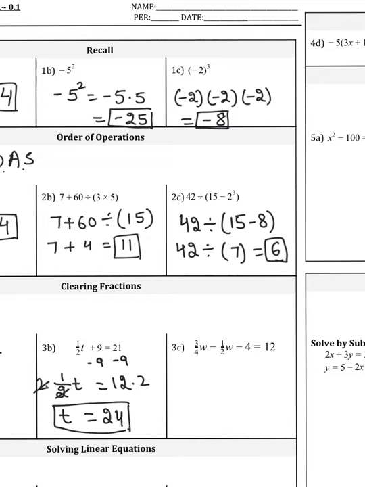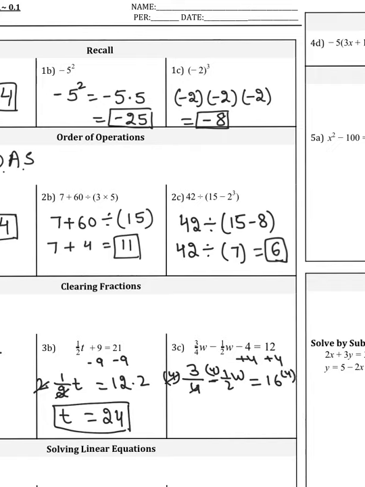For letter 3c, you're going to first take care of the 4 by adding 4 on both sides. So you get 12 plus 4, and that is 16. You clear the fraction from the bottom, which means that you're multiplying 4 to each side. So here the 4 and 4 cancel.